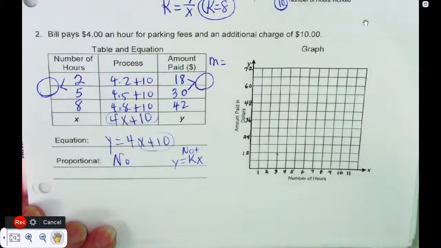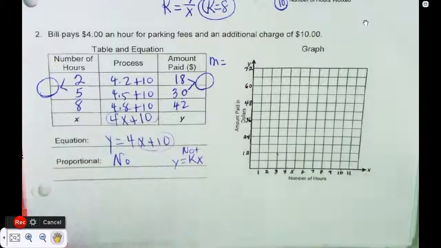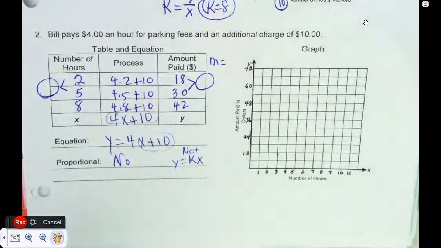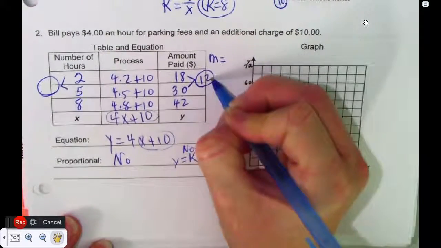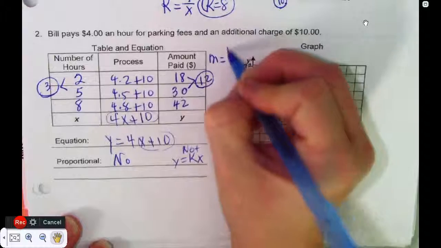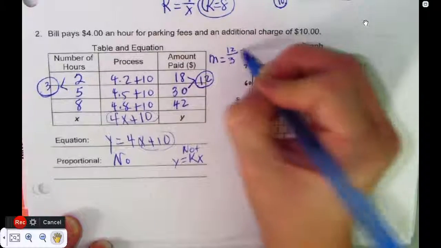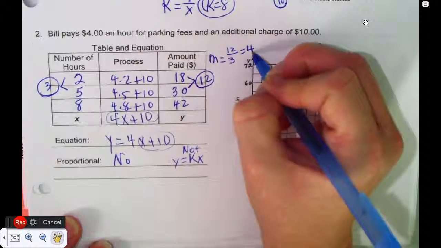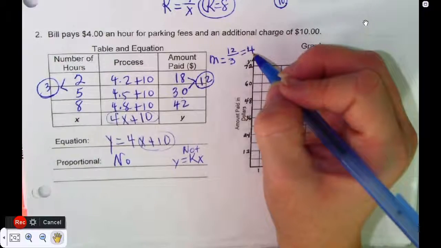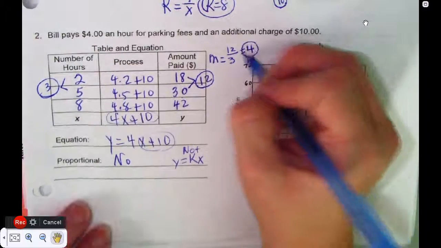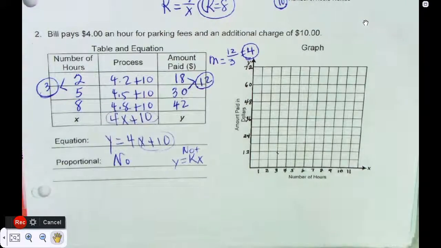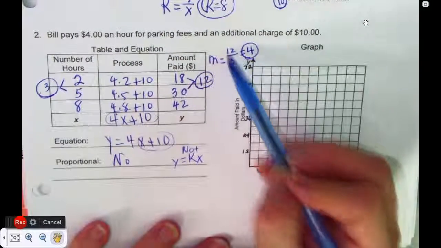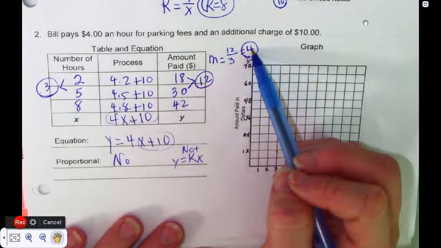What's it going to be? Mine is 12 here and 3 here. 12 divided by 3 is 4. Okay. 12 divided by 3 is 4.